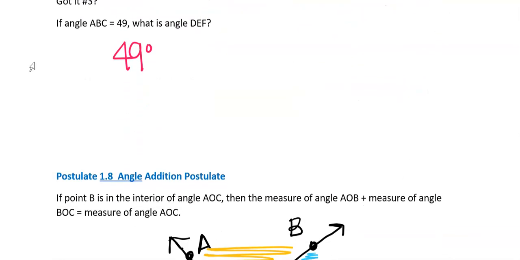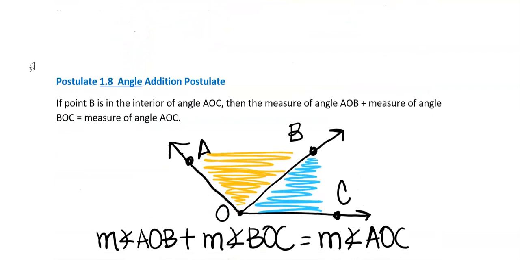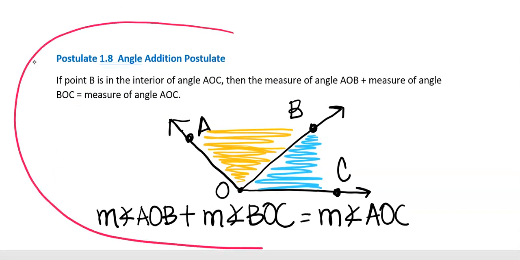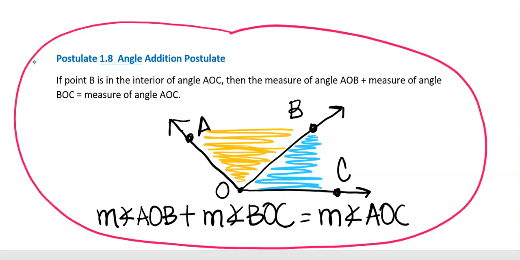Postulate 1.8. Copy this into your postulate and theorem notebook. It's called the angle addition postulate. Another abbreviation for that is AAP.